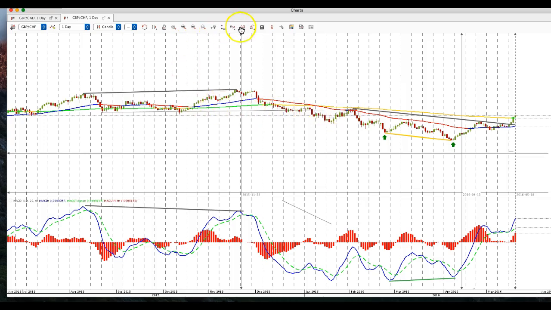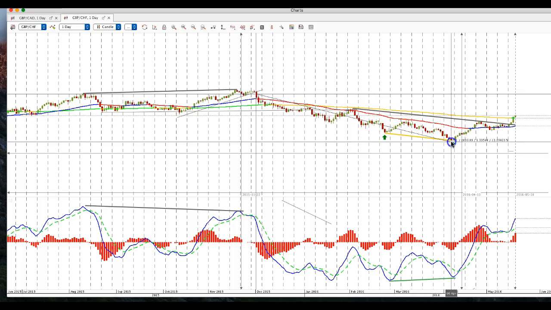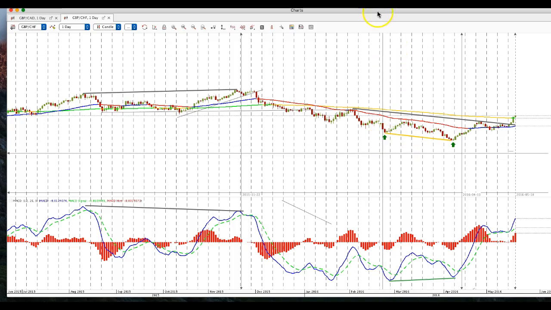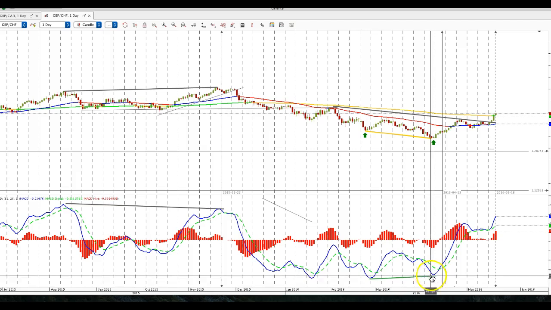There was a trend line prior to that over here, so you could have taken this trade at these levels. And look at this rundown from December of 2015 all the way through April 6th for about 2,000 pips. Now we see the same thing happening in the opposite direction. We have divergence, it's a positive divergence.